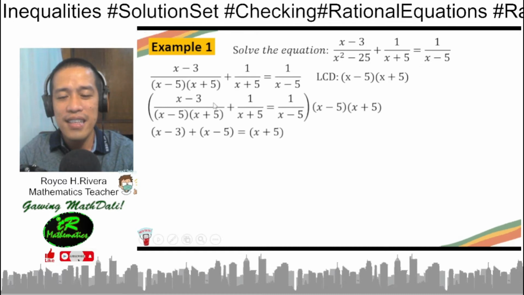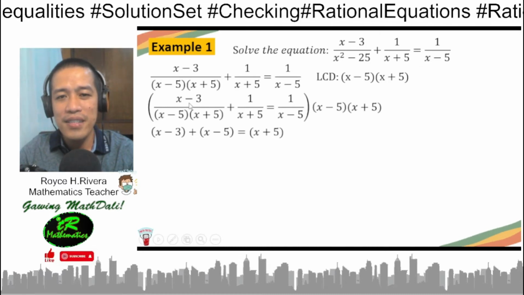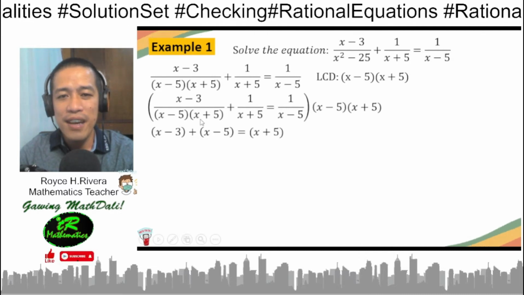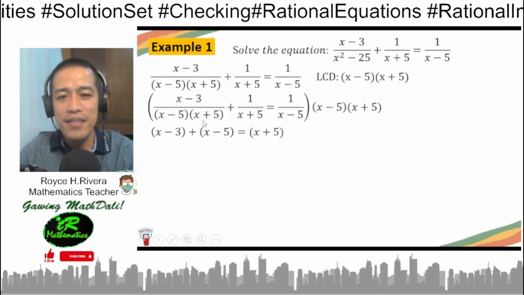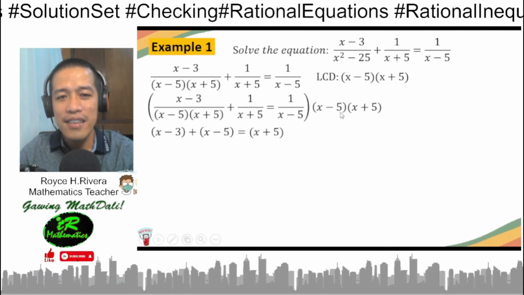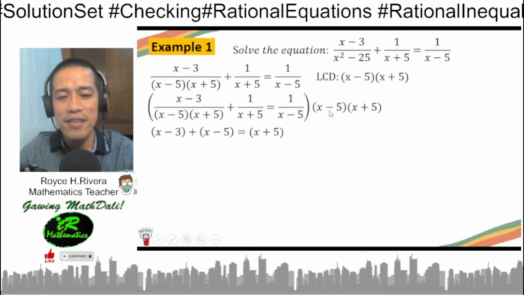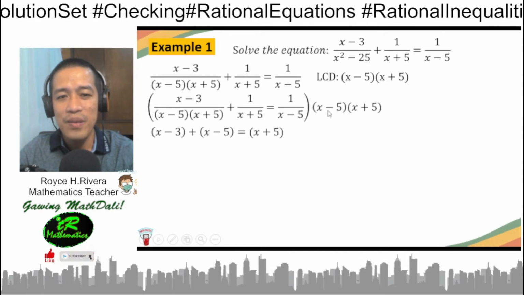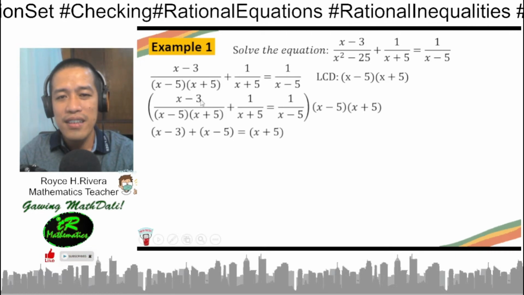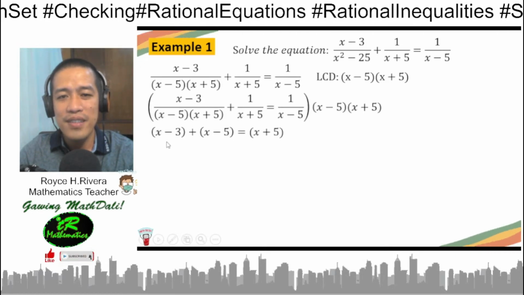Multiplying the LCD by x minus 3 all over the quantity x minus 5 times x plus 5, the denominator and the LCD will be reduced to lowest term, and that is equal to 1. Multiplied by the numerator, we will have x minus 3.